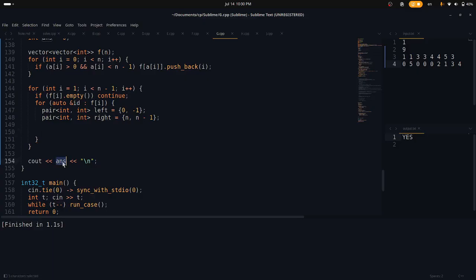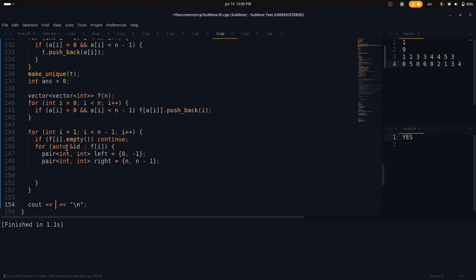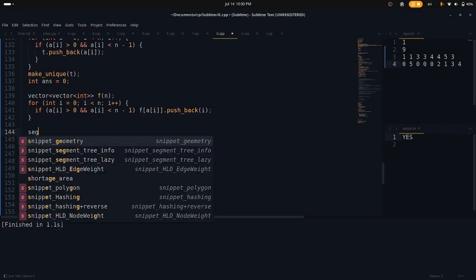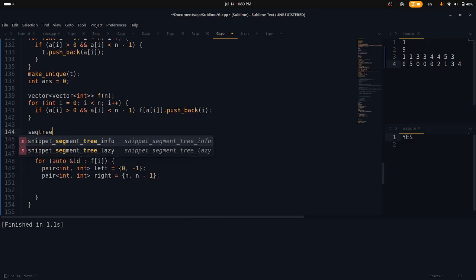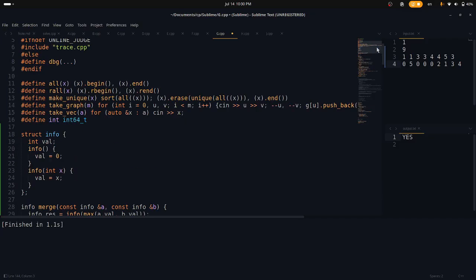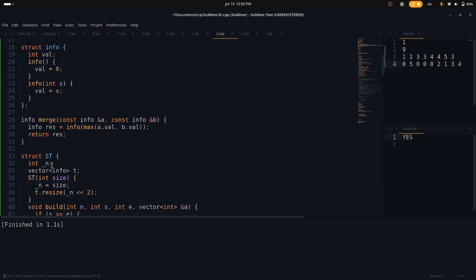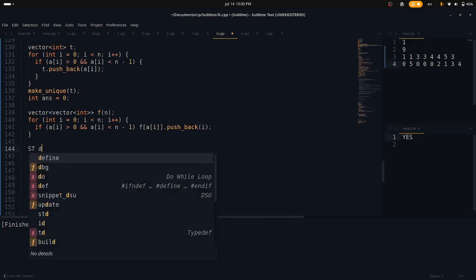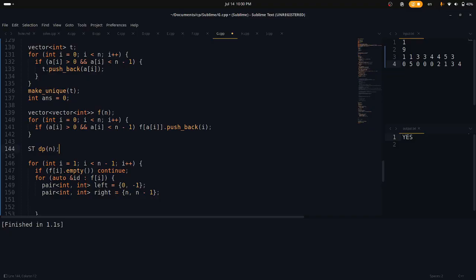This will be dp dot segment tree dp, right? What is the name of the segment tree? ST. Okay.